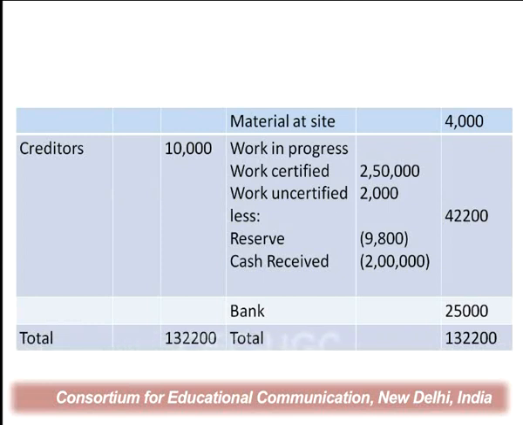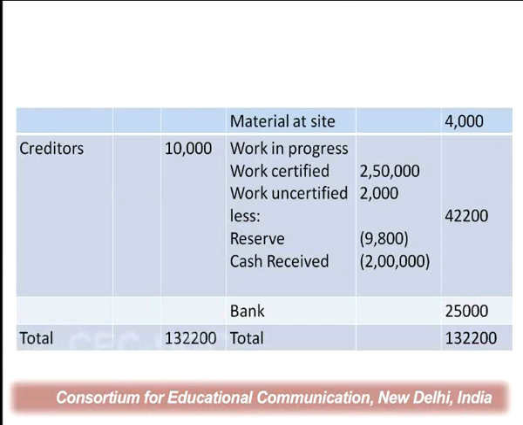On this basis, the payment is made to the contractor. So that is work certified, 2,50,000 rupees. And work uncertified is 2,000 rupees. Again, this is given. This is also work in progress. That comes to 2,50,000 plus 2,000 rupees, right?